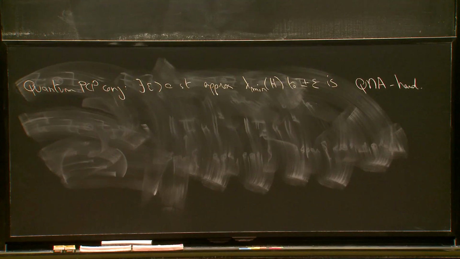In particular, an implication of this conjecture is that NP is the class of problems that can be verified given a classical witness or proof. Max cut, you can verify that the max cut of the graph is above a certain value simply by being given a cut that satisfies this value.